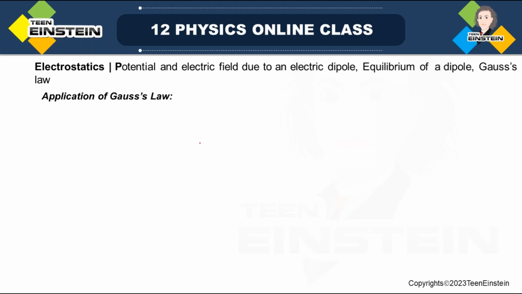Now the application part of Gauss's law. This is Gauss's law, q by epsilon naught, in case of free space.